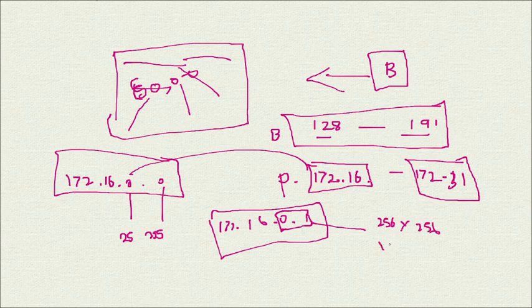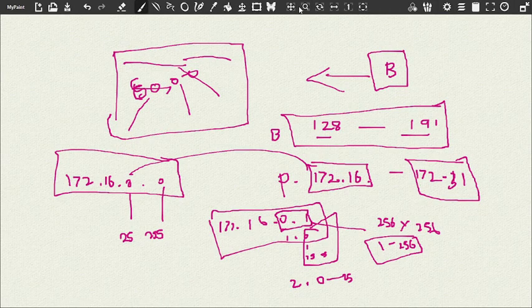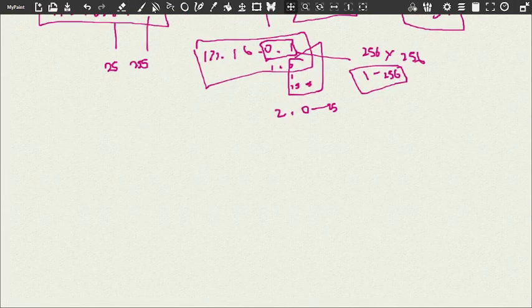Each network has 256 IP addresses. It changes from 0, 1, 2 up to 255. When it finishes 255, it moves to 172.16.2, again from 0 to 255, and after that it goes up to 3, 0 to 255.